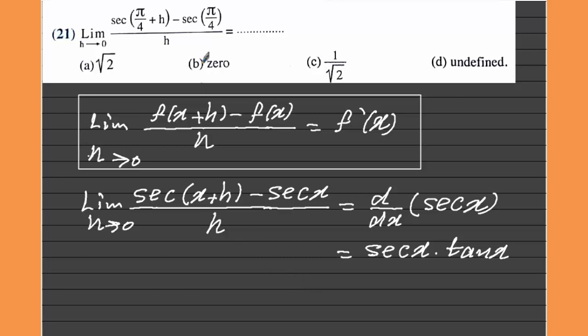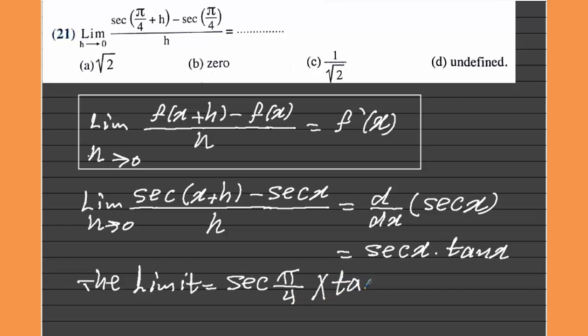But here we have x equals pi over 4. So the limit equals sec pi over 4 multiply tan pi over 4. Tan pi over 4 equals 1.